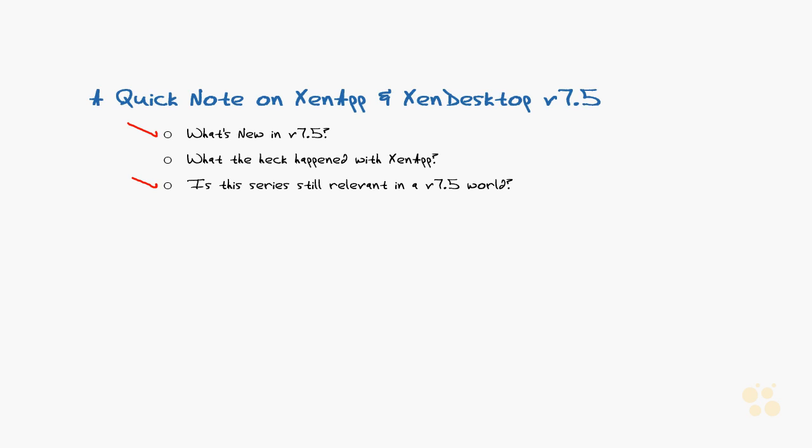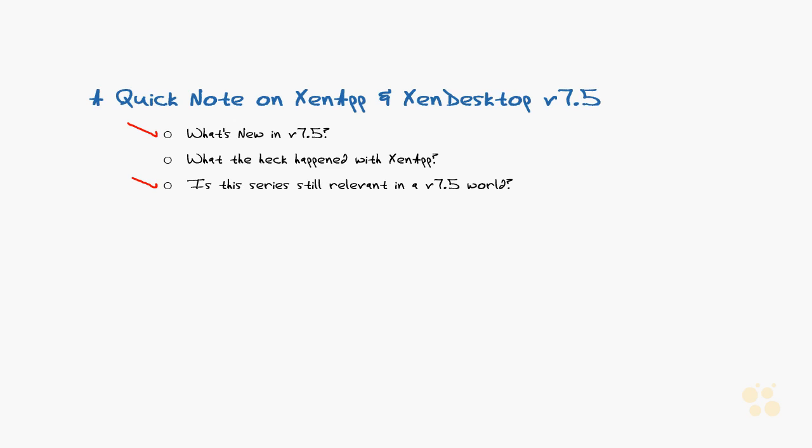We have support for AppDNA, which is a Citrix product that we won't discuss in this series. And there's also an update to Citrix StoreFront, which will improve some of the early quirkiness of that original version of StoreFront. I believe also in 7.5 we have additional support for vSphere version 5.5 hypervisors, so we can make connections there.